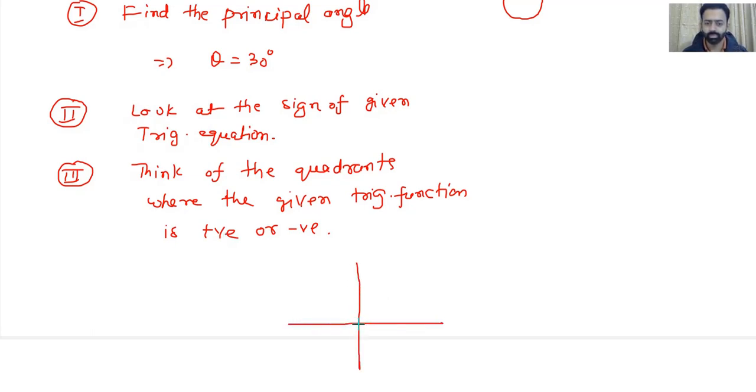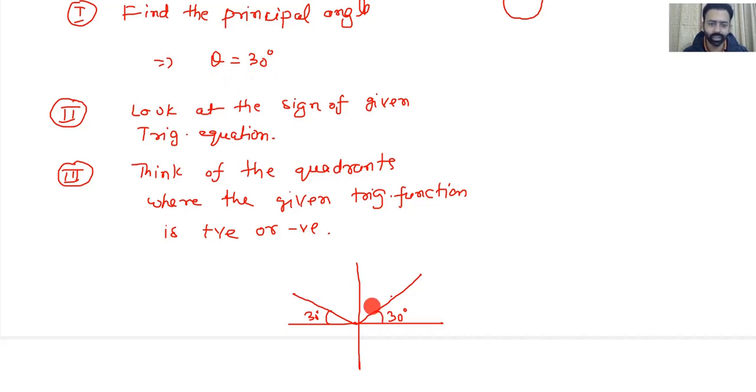So this is my first quadrant and the basic angle is 30 degrees, and I need to go to the second quadrant only, because sine remains positive in ASTC, where S is your second quadrant. Now I have to reach these straight lines. From 0 degrees I have traveled 30 degrees in the anti-clockwise direction. This has given me one solution, which is theta is 30 degrees.